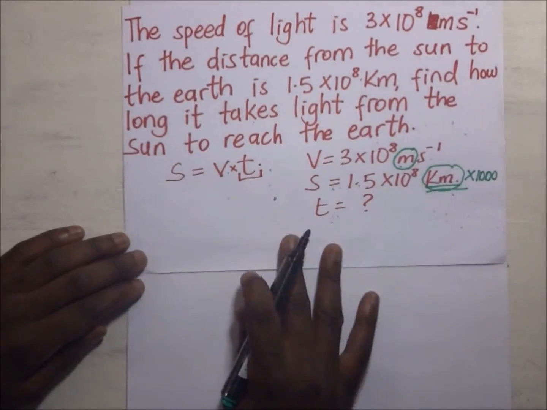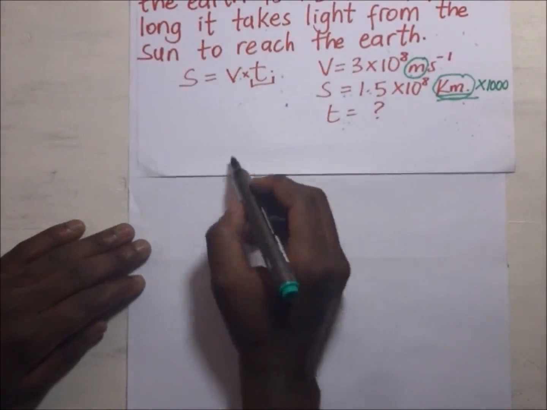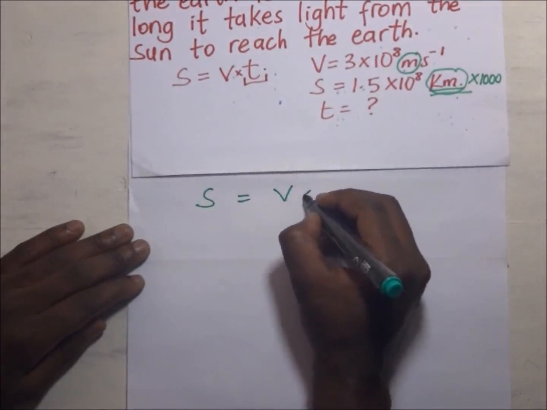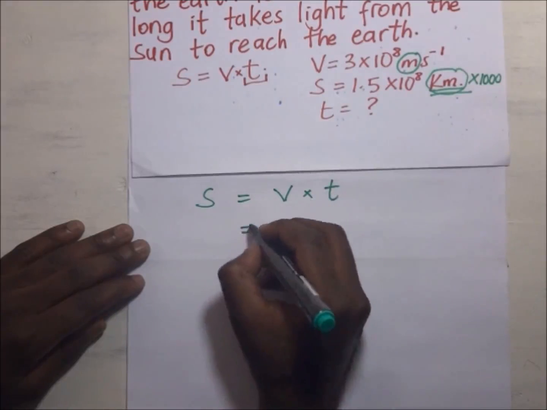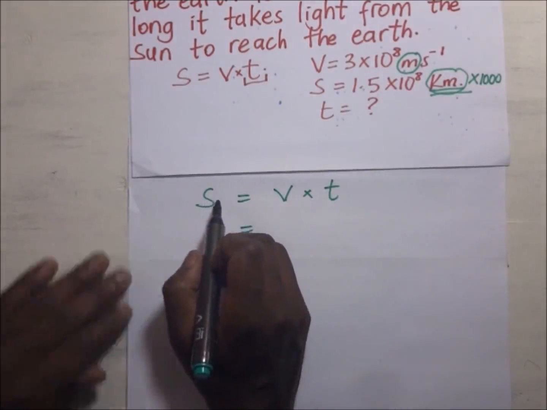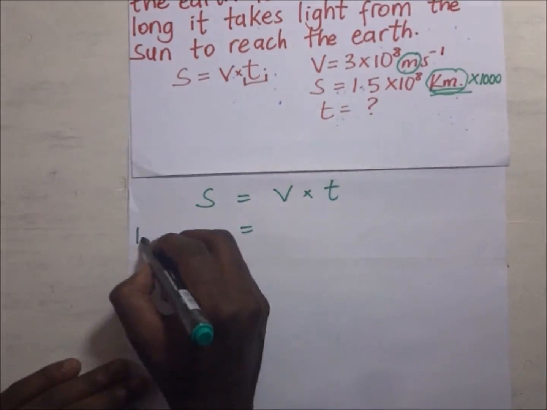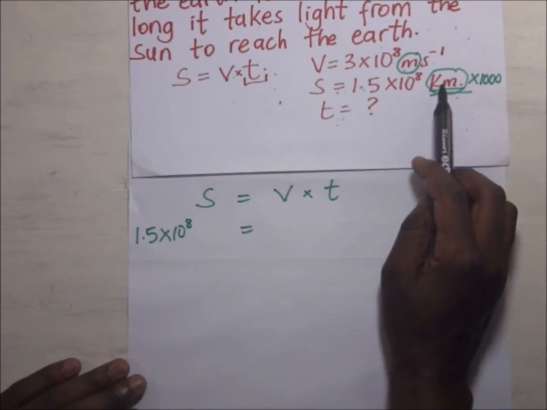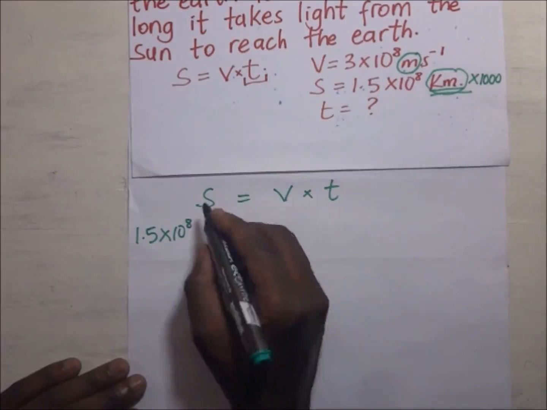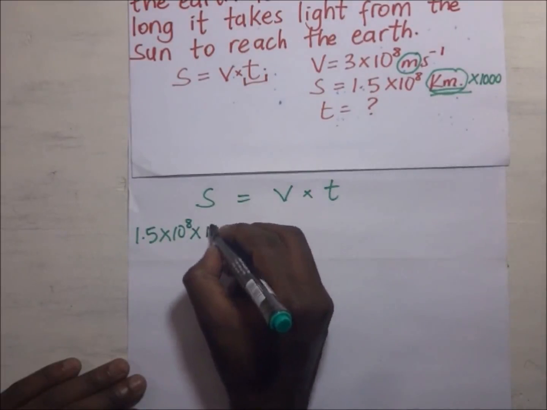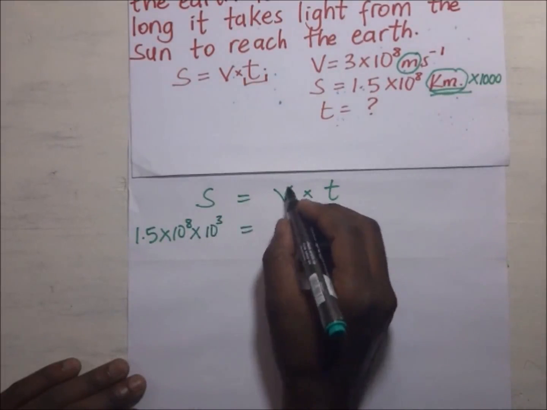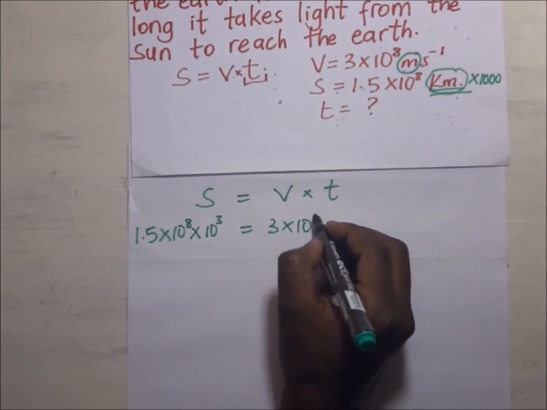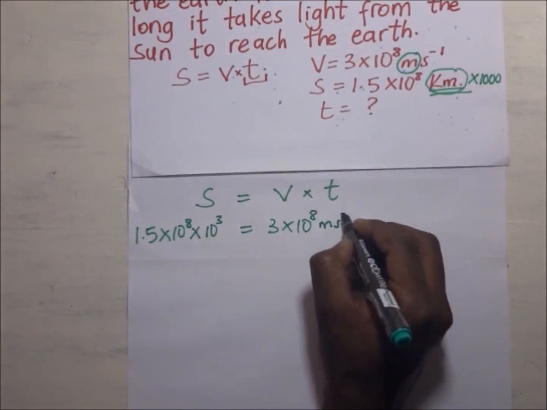So when we continue with our working, therefore, we know that distance is going to be speed times time. And definitely our distance here is 1.5 times 10 to the power 8. But we are converting these kilometers to meters, so it becomes times 10 to the power 3 as well. Is going to be equal to speed. Our speed is 3 times 10 to the power 8 meters per second.